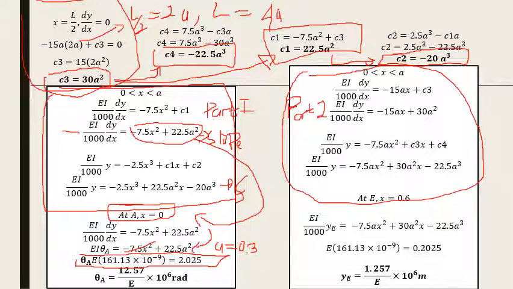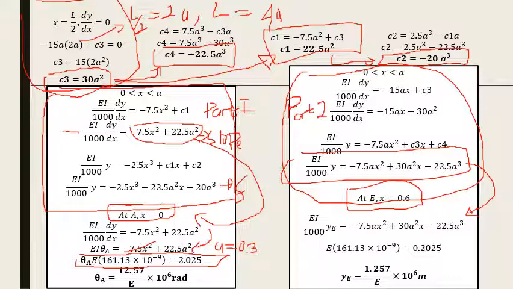Then the question also asks to find the deflection at E. This is the condition that happens at E: x is equal to 0.6. We can use this equation to find the deflection at E, because E is in the second part. We input the value of x and a into the equation.